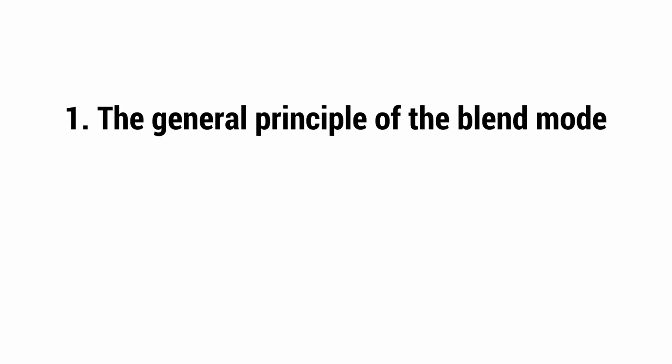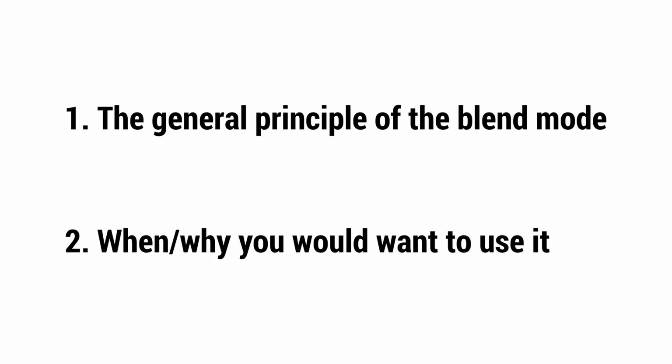I've watched videos where people explain the math of each and every blend mode, and honestly, knowing these equations just isn't important. What is important is knowing the general principle of what a blend mode is doing, and then when and why you would want to use each one. So knowing that, let's learn the general principle of how multiply works, and then we can see it in practice.